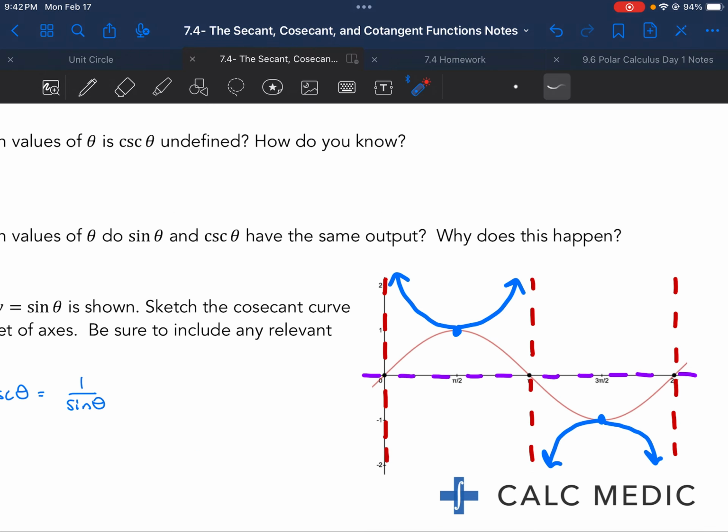What do you notice about the values of cosecant? Well, remember cosecant is these two curves right here. It's the blue curves. That's the graph of cosecant. Notice that cosecant doesn't have any values in between -1 and +1. All of its range values, all of its outputs, are going to be less than or equal to -1 and greater than or equal to +1.